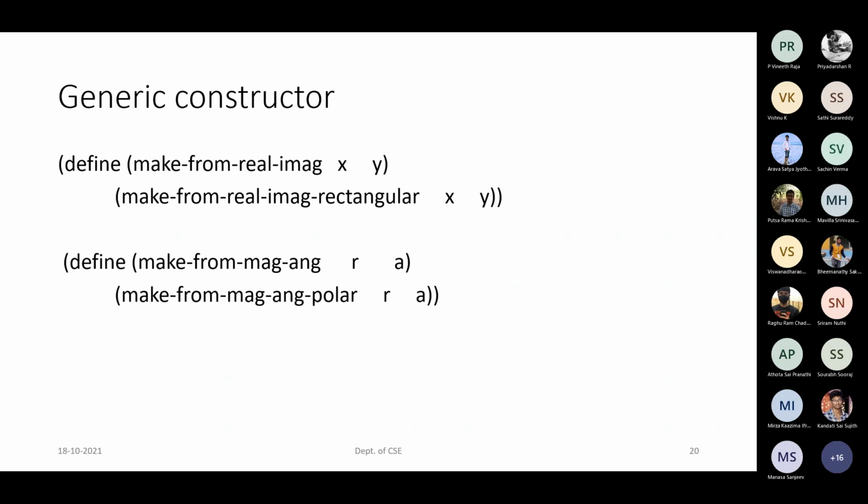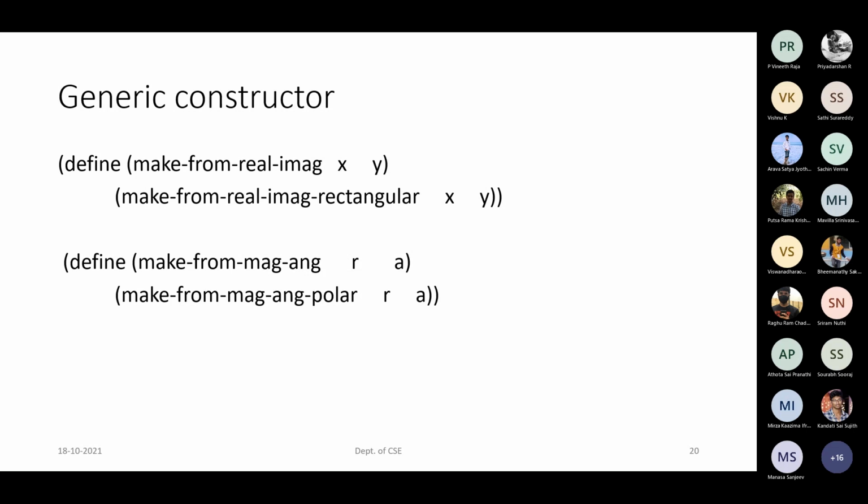Shall we move on to the generic constructors. We shall make use of the constructors. If it is make from real imaginary, then if your operation is addition or subtraction, we shall be applying make from real imaginary.